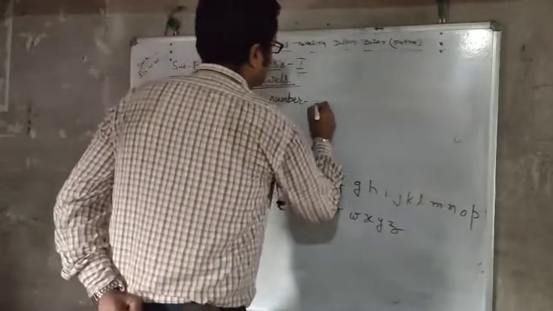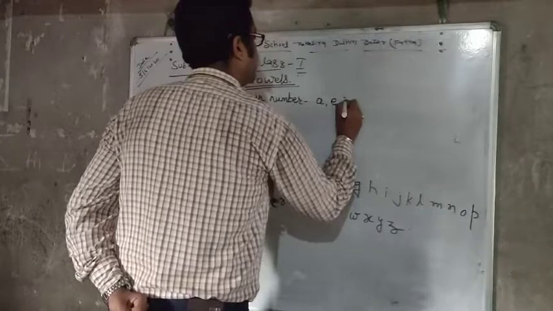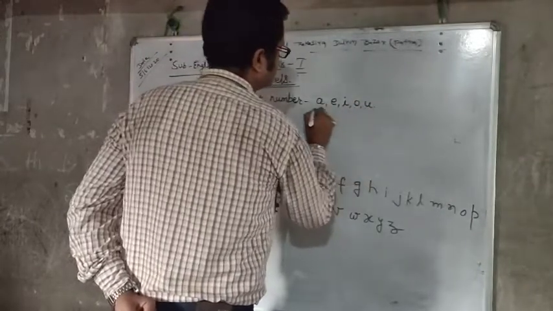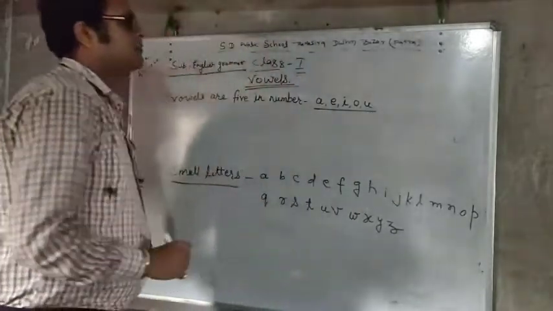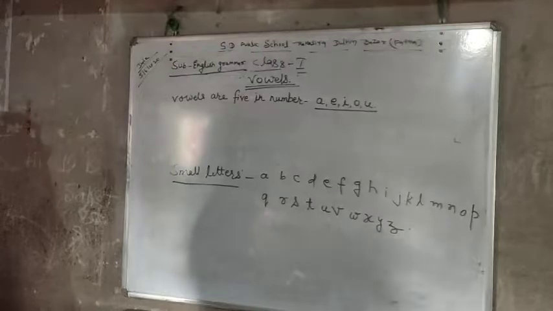That is A, E, I, O and U. So A, E, I, O, U are known as vowels.